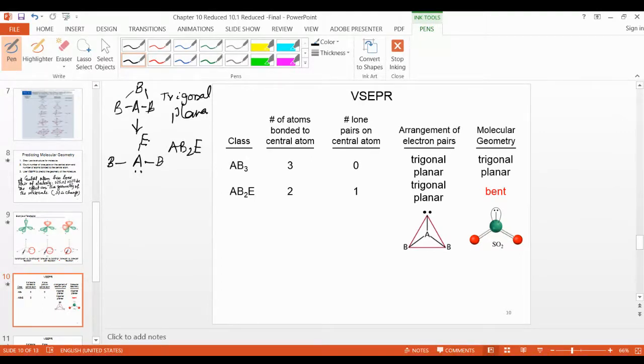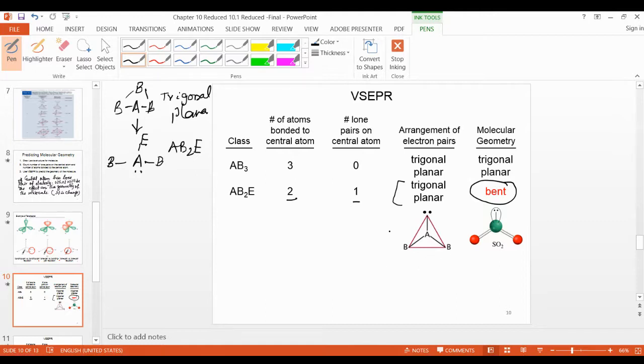So this is AB3 type, AB2E type. One lone pair is present. How many bonded atoms? Only 2. How many lone pairs? 1. The arrangement of electrons will be the same, trigonal planar, but the geometry has been changed.